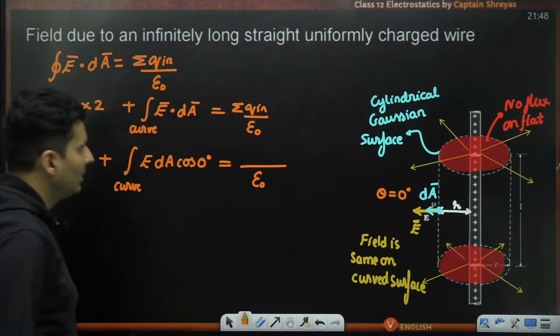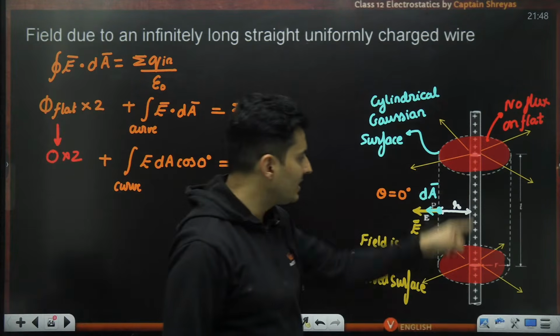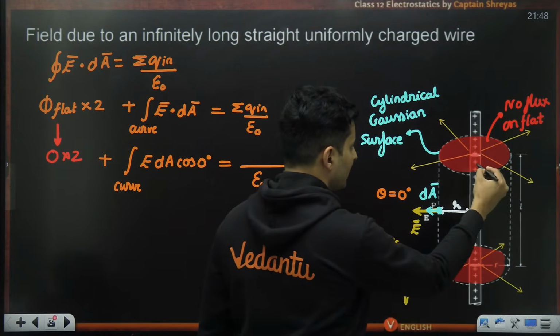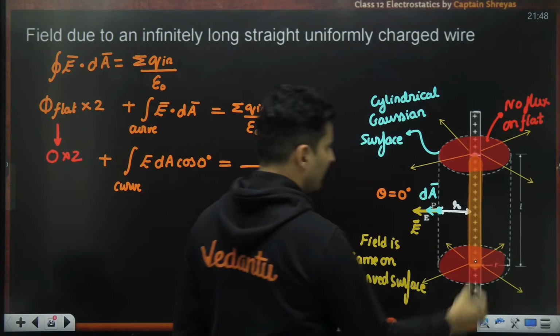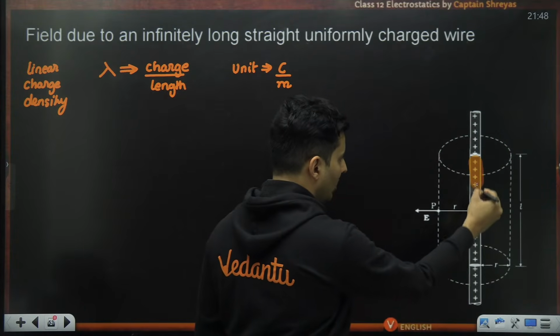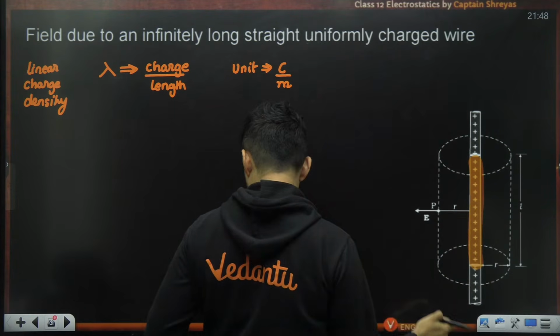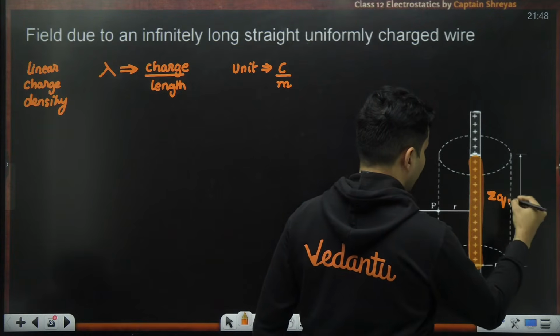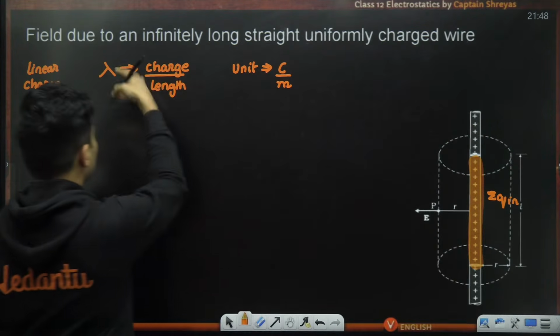Fair enough. What is the charge present inside? Meaning, how much charge is there in this much part? The logic is simple. If I want to measure how much charge is there inside the cylinder, use this principle.